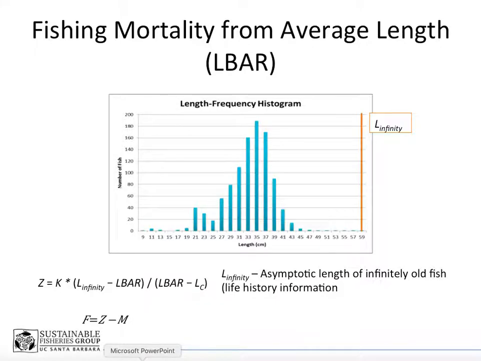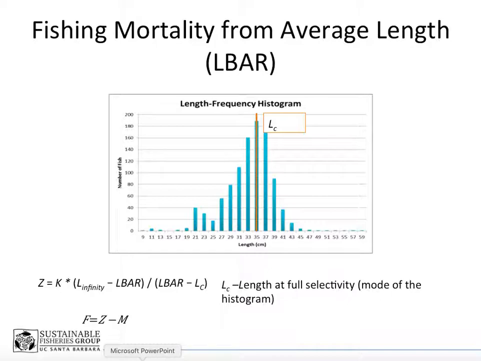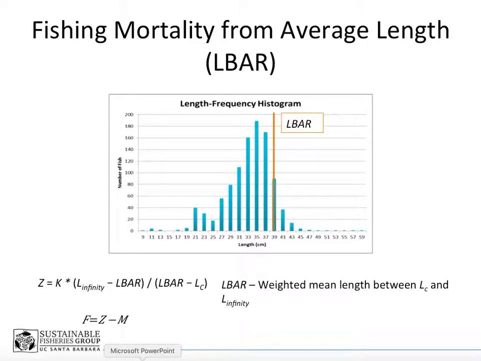We first look at L infinity, which is the life history parameter, based on the asymptotic length of an infinitely old fish. We next look at LC, which is actually a parameter we get straight from our data. This is length at full selectivity, which is the highest point in our histogram. We then calculate L bar, which is the weighted mean between LC and L infinity. Using all of this together in this equation, we can calculate our Z and then our F.